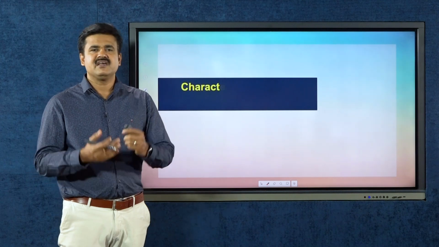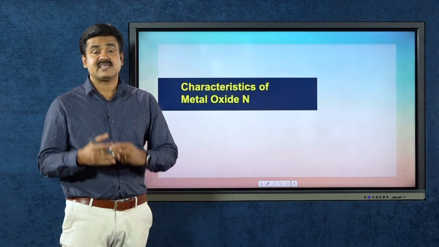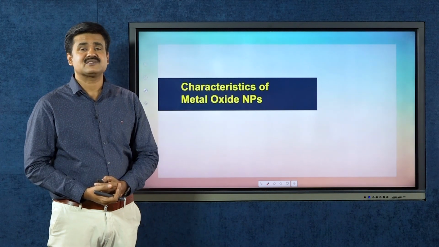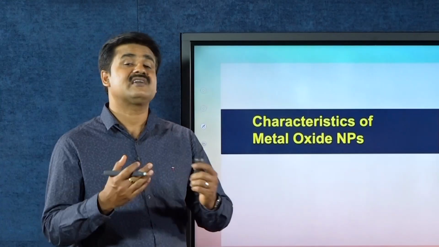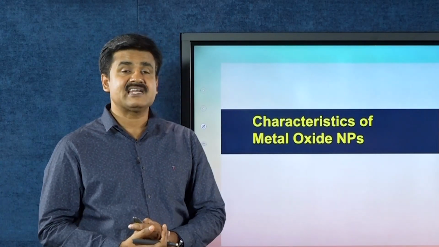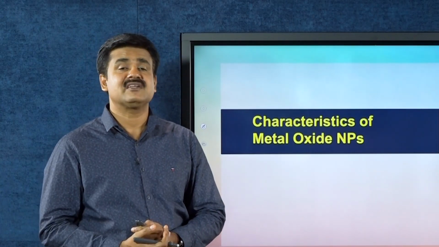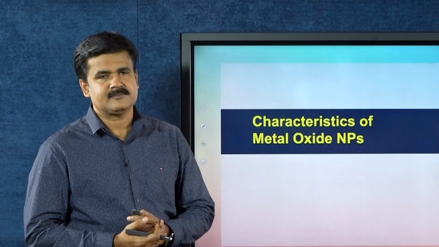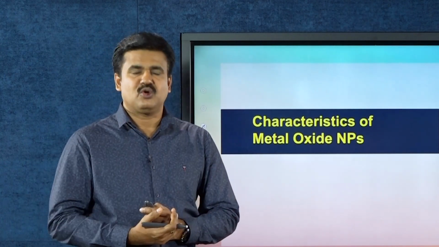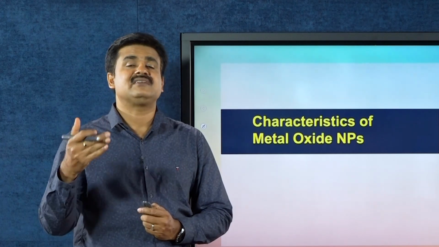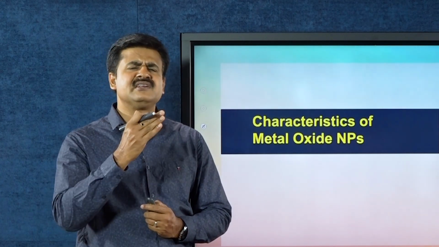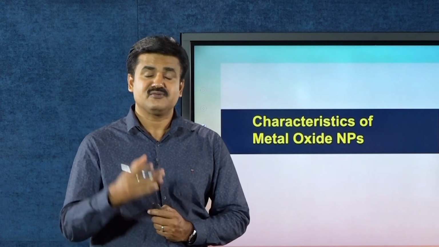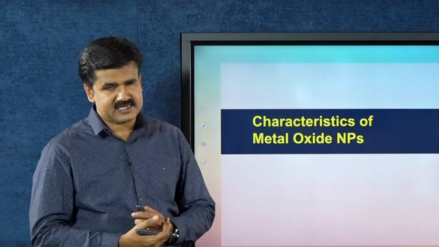Now, we are focusing on characteristics of metal oxide nanoparticles. What are the important characteristic features of metal oxide nanoparticles? I already mentioned the fact that bulk metal oxide and nano metal oxide are entirely different in their physical as well as chemical properties.